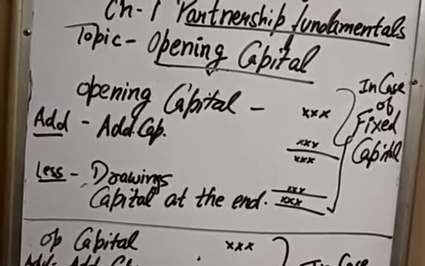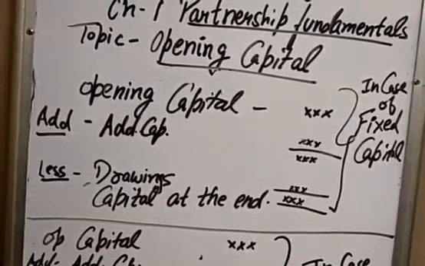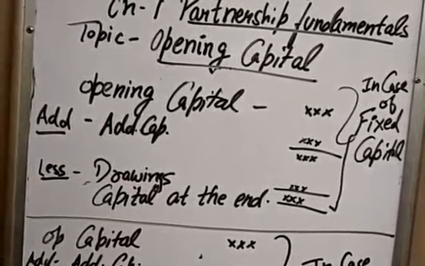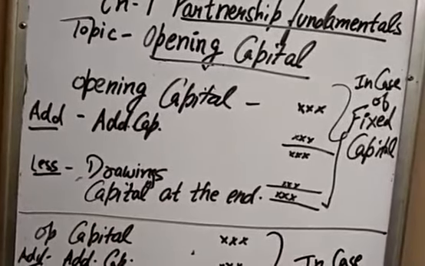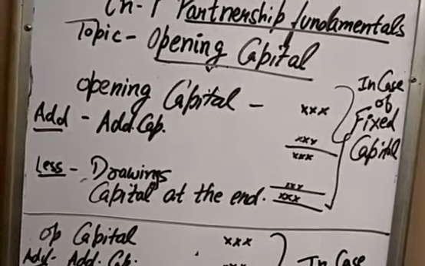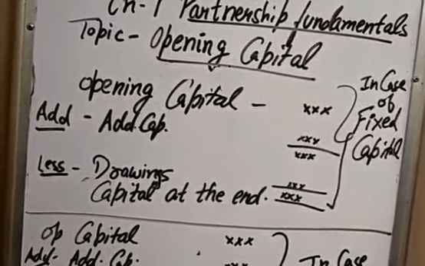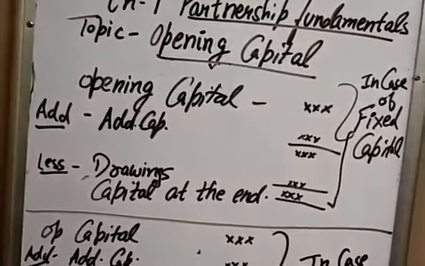In the fixed capital account, we only record the opening capital and the balancing, and if there is any additional capital or any withdrawal, then only we calculate it in fixed capital. Otherwise, every expense or income, we do it in the fluctuating capital account, right?